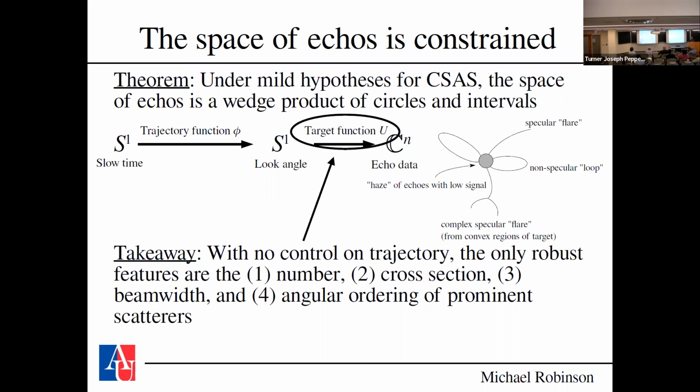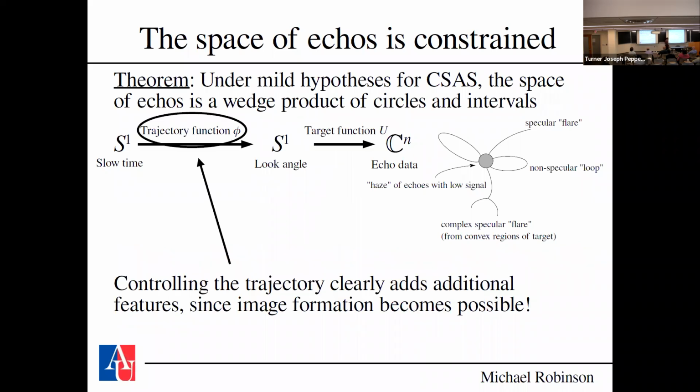This is pretty much all you can tell. What this means is, even if you were to feed a machine learning algorithm lots of data from a circular synthetic aperture sonar system that doesn't have good control of the trajectory, this is what it's going to learn, because this is what mathematically is present.